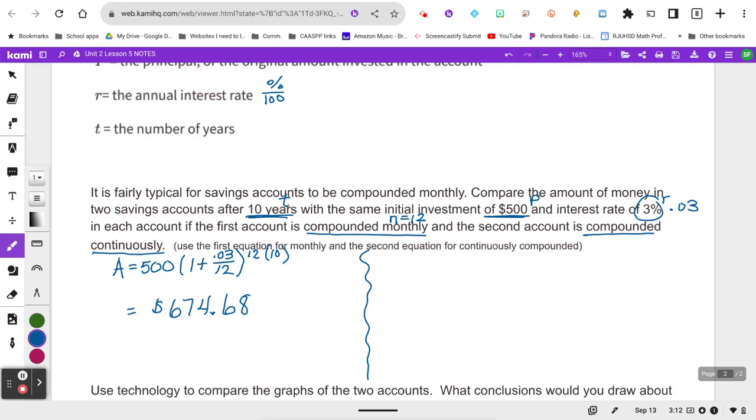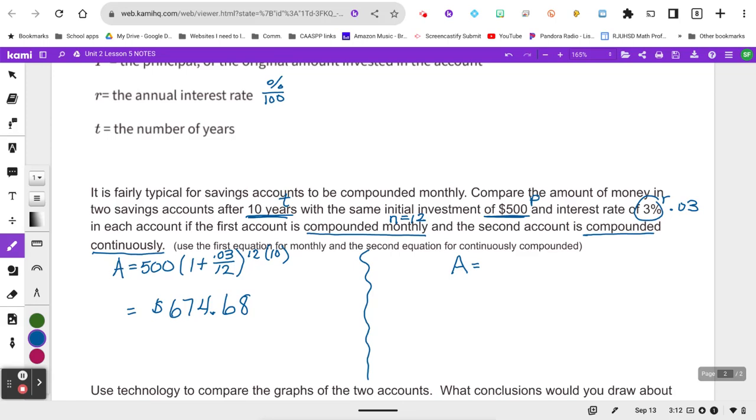Now the next one is we're going to use that E value. So when you're using it on the calculator, you have to be very careful. If you do E, sometimes you have to do a second button or a shift button, or you can do it on Desmos and just type in E. It will know what you're talking about.